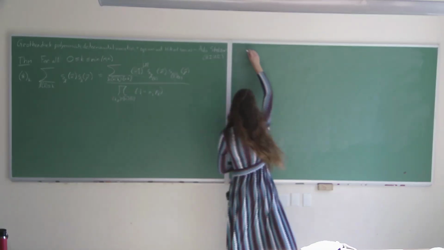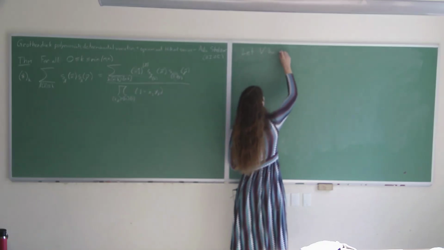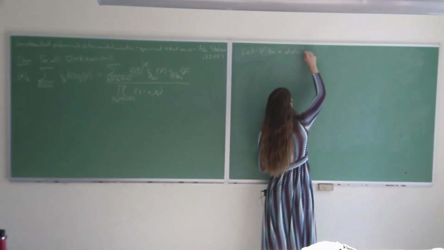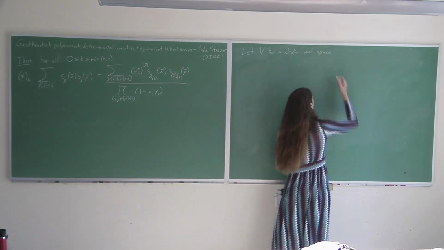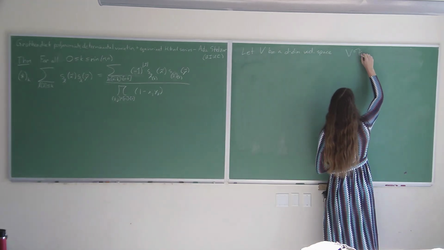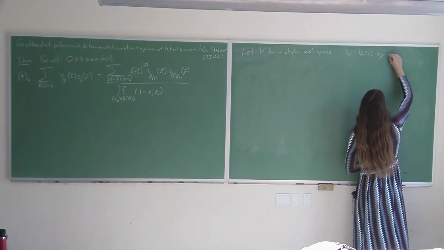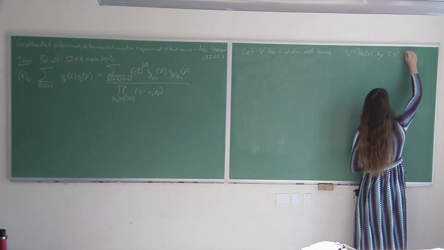Okay, so suppose now let V be a d-dimensional vector space. And I'm going to think about the right GL(V) action, where V gets acted on by g via g inverse times v.